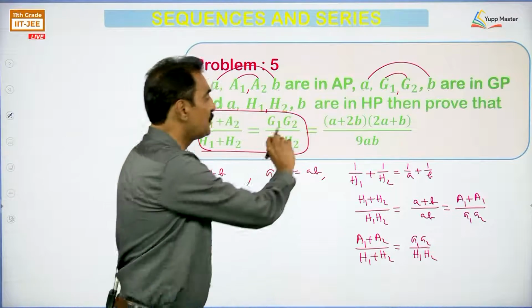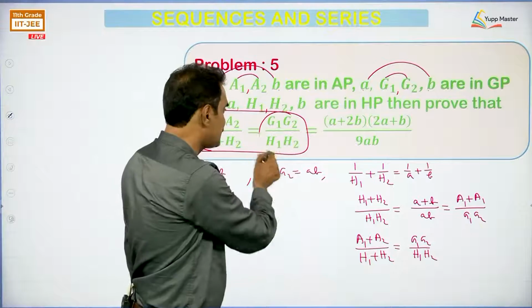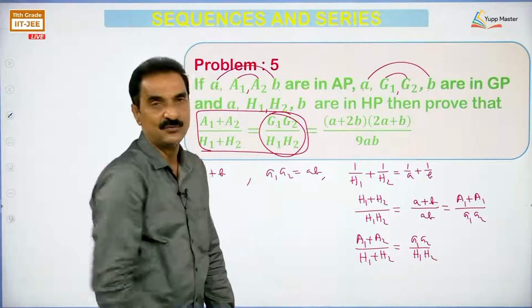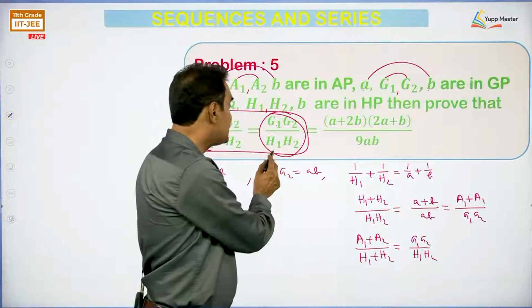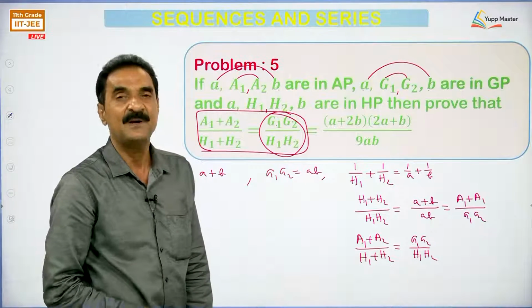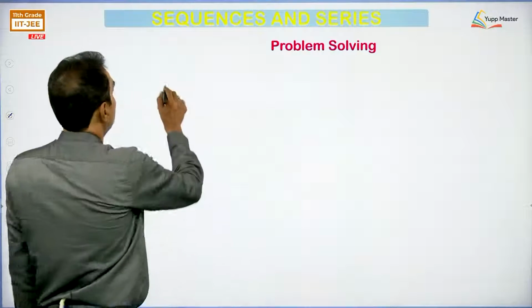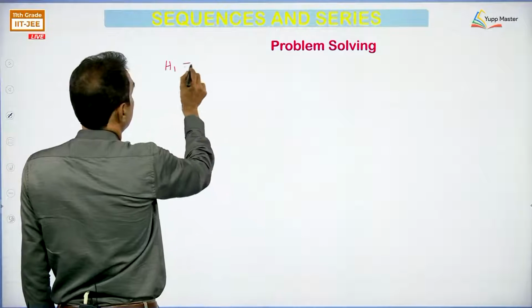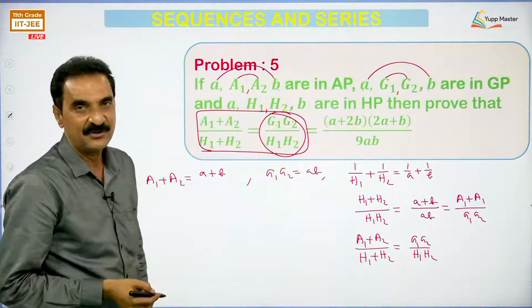Now, to prove the next part, let us take any one of them. I will take this. Already we have G1 G2, G1 G2 is AB. You need to calculate H1 H2. You cannot get H1 H2 directly in one step. We have to calculate H1 and H2 separately. H1 is the first harmonic mean from left. I have given you a formula.